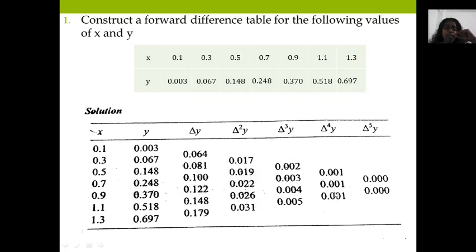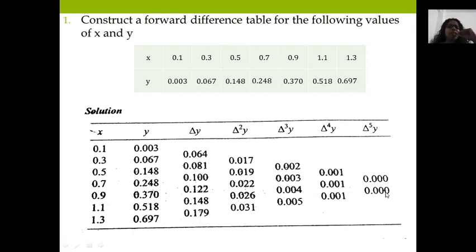You can see the three del 4y's are constants. Okay, so then what else? There won't be any difference between the values. That's why we limited there. So del 4y is remaining. A previous column being constant means the succeeding column difference will be 0. Got the point? Constant leading to 0.